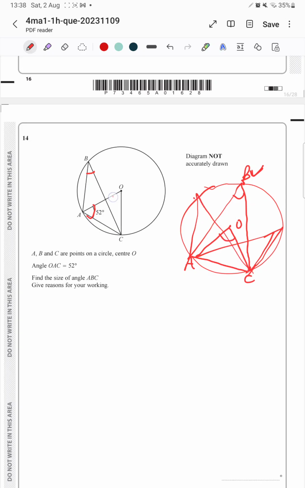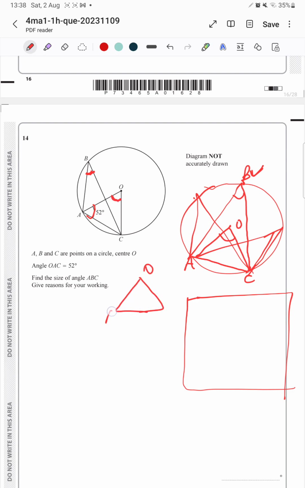That is, the angle subtended at the center will be twice the angle subtended by the same chord at any other point on the circumference. And make sure when you solve this question, you give this reason. You have to write why you are considering it. So we need to know this angle O. If you see this triangle OAC, this is an isosceles triangle, because OA and OC being the radius, they will be the same.